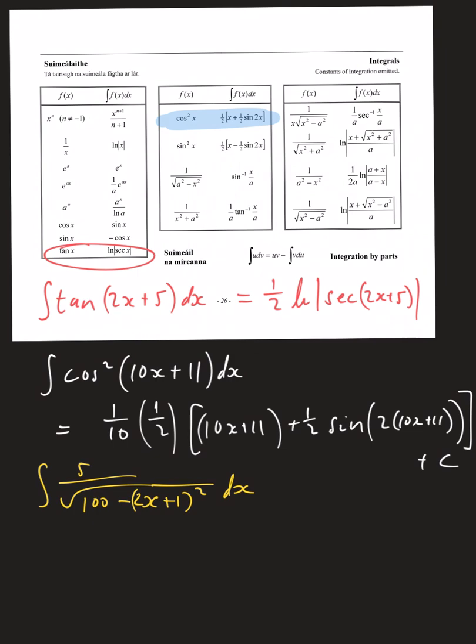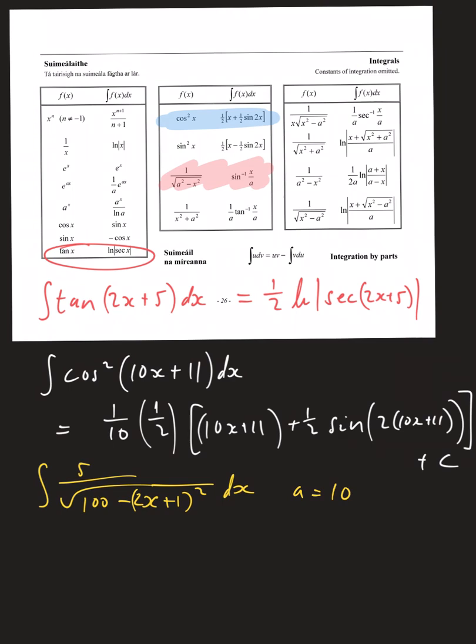So the first question is, which formula are we looking at here? And it's this one. So if you look at it, that 5 on top can go outside the integral. That 100 is 10 squared, so we're going to have a is equal to 10. And instead of x there, we have 2x plus 1, all squared.